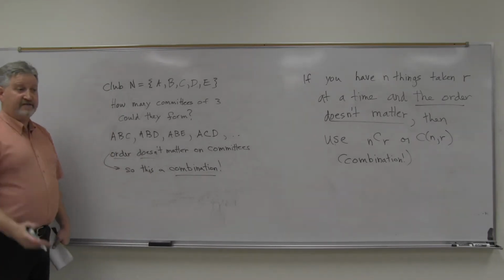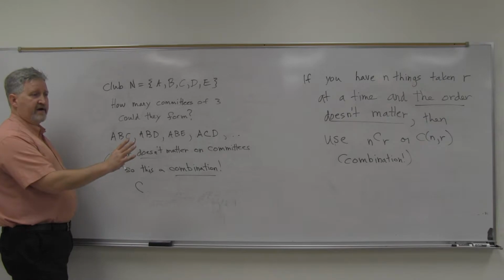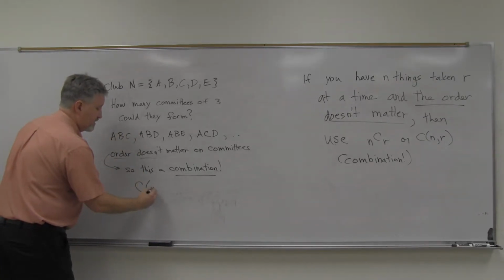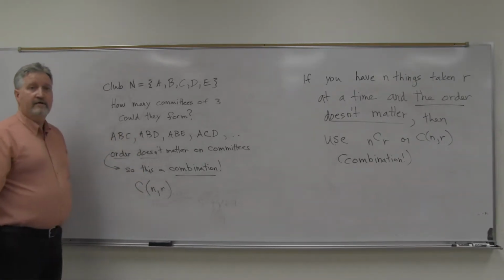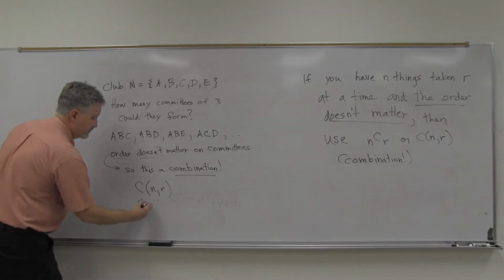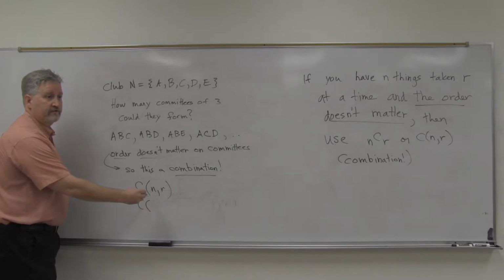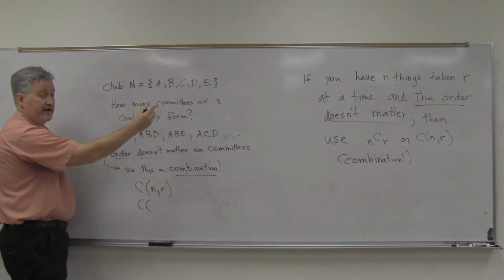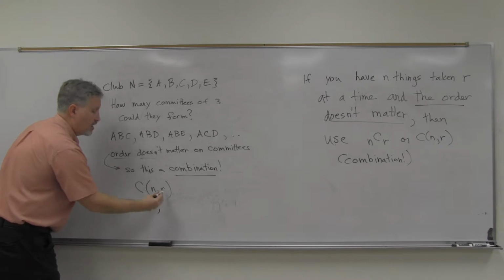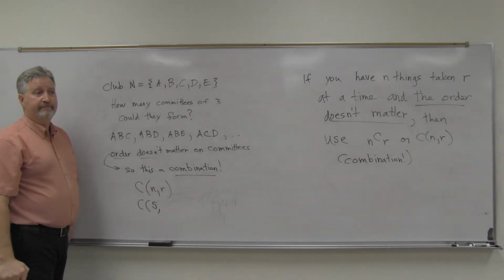So what's the significance of that? Unless I want to list them out, I'm going to have to use this nCr business. Now, what are the n and the r here? n is the total number of things there are: 5 people, right? r is the number of them I want at a time.